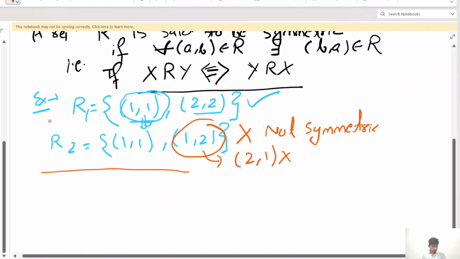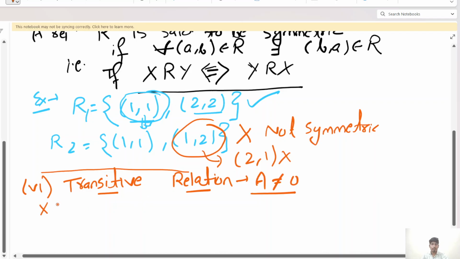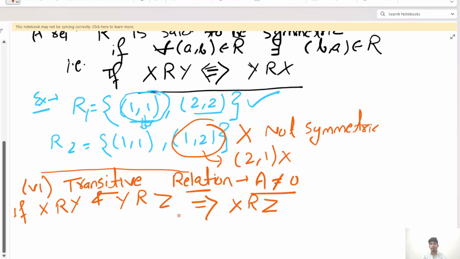Next type of relation is transitive relation. What is a transitive relation? Let A be a non-empty set, and a relation R is said to be transitive if X is related to Y and Y is related to Z, then X must be related to Z. This is our condition of transitive relation.